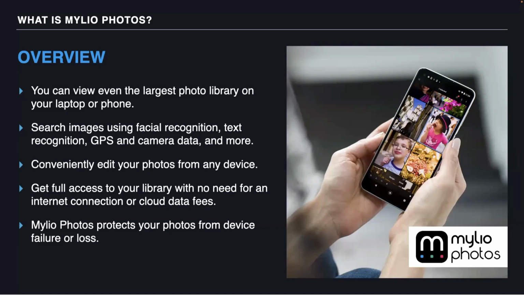So I'll show you that, camera data, and much more. You can also conveniently edit your photos from any device because Mylio has an editing program built into its program. If you prefer to use another editing program, you can do that and still work with Mylio. So that works. You can get full access to your library without the need for internet connection or cloud data feeds. And also Mylio protects your photos from device failure or loss.